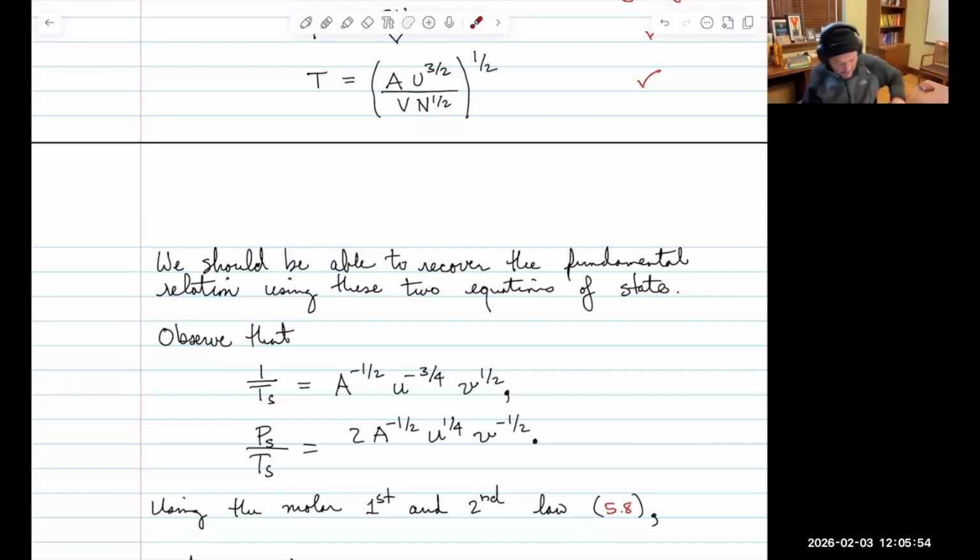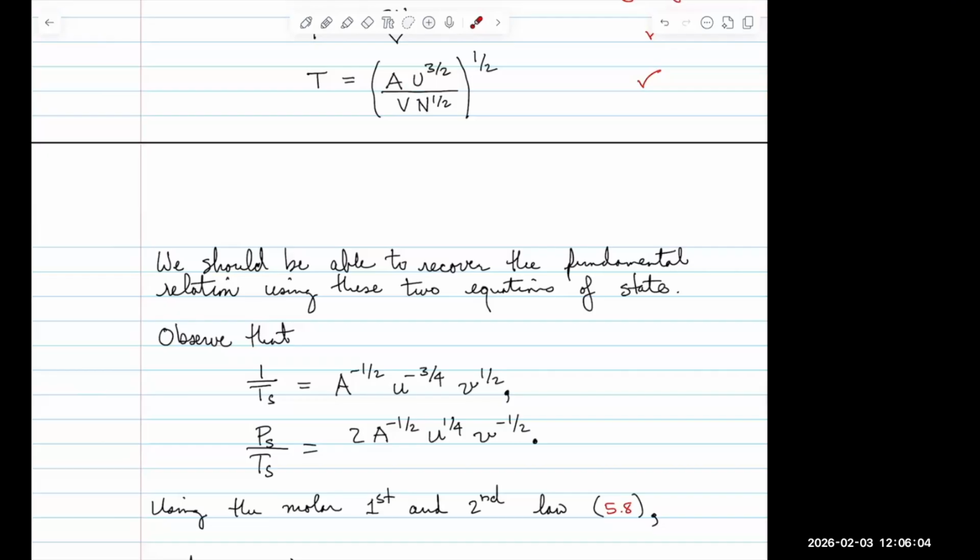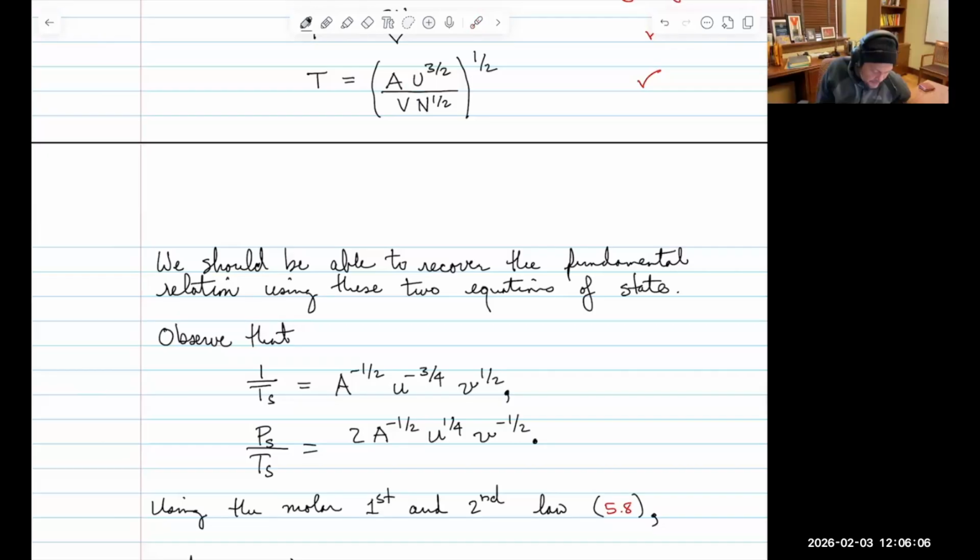So actually, does that work out? Let's see, maybe I made an error here. Oh, no, you mean that's dividing both sides by N to the 3/2, right? Yeah, so let's see. Let me do some scratch work. So first of all, we'll just work with temperature. So let's get rid of unnecessary things.